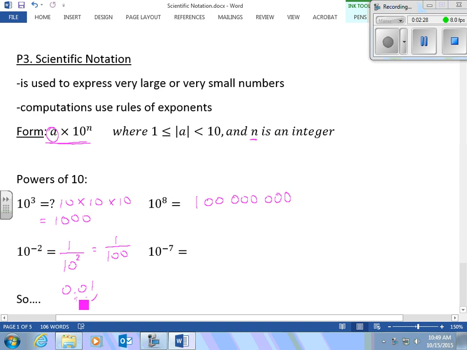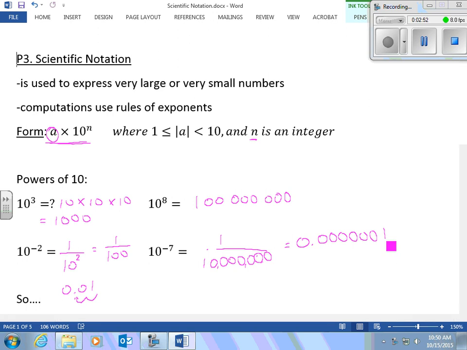10 to the -7 will be 1 over 10 to the power of 7, so a 1 with 7 zeros. I'll just put the commas in there, so it's 1 over 10 million. So that'll be 0. Okay, so the zeros between the decimal place and the 1 are actually 1 less than that.